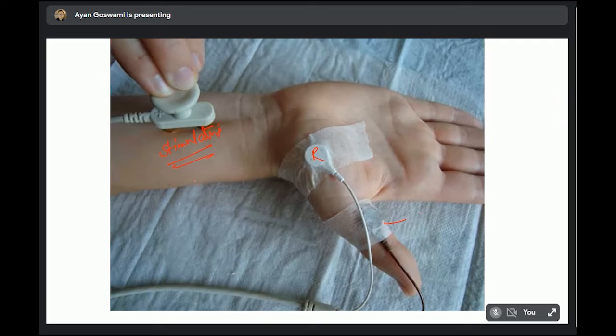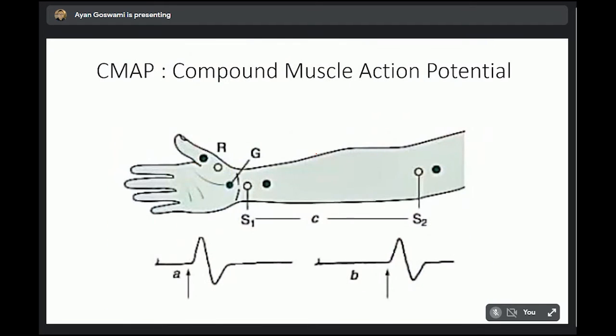So I'll be stimulating over here with electric current, a very small amount of electric current, and I will record here. The recording I will see on the computer screen, right? So once I am recording here at the median nerve, we can give the stimulus to the median nerve, because the median nerve is coming in this course, right?